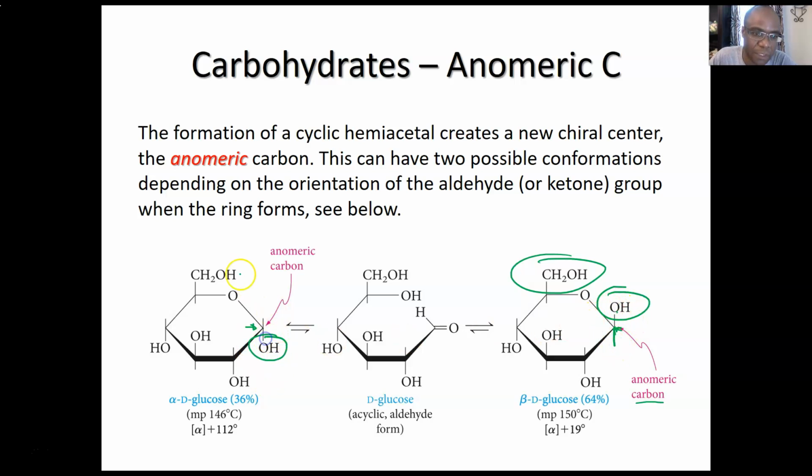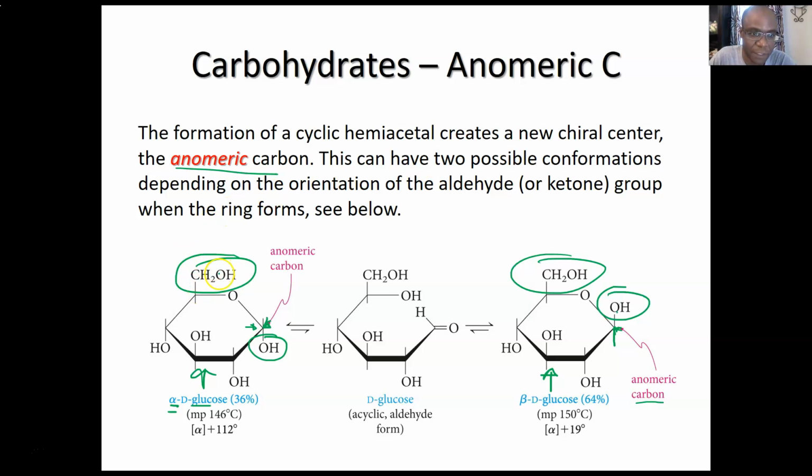Where the OH is down, opposite to the CH2OH, on the anomeric carbon, the carbon where you can switch stereochemistry, you call that ring alpha. So this is alpha glucose and this is beta glucose. Very important for biochemistry. Again, where you have the new stereocenter, we call that an anomeric carbon, where you can create alpha or beta.